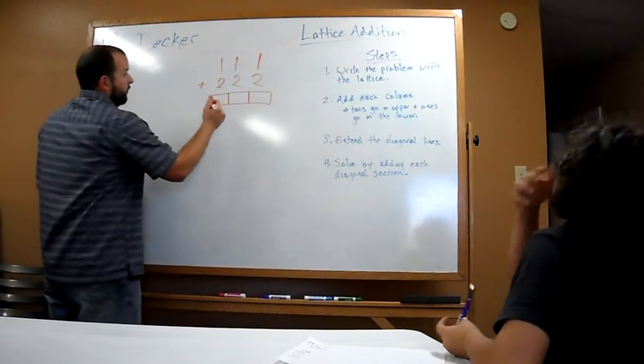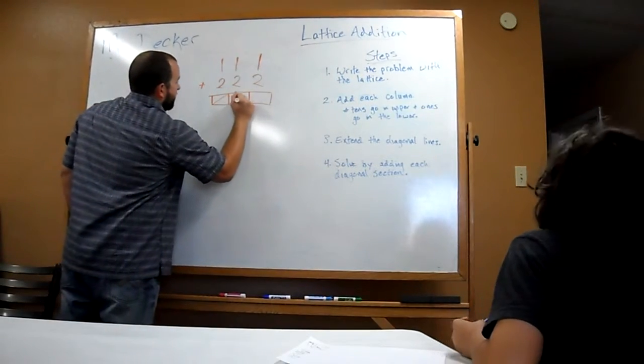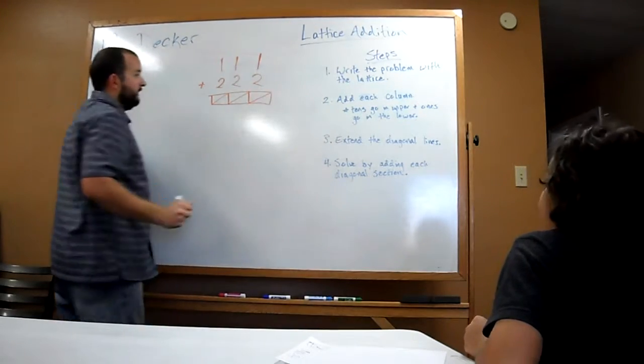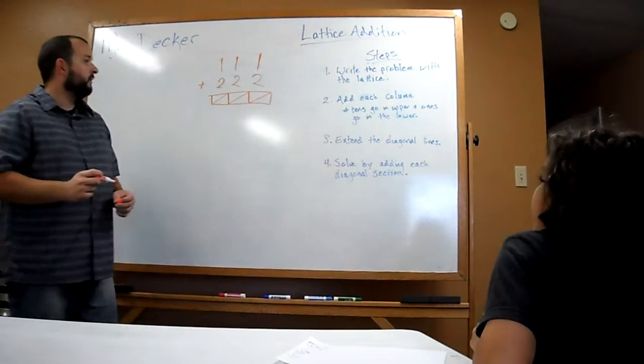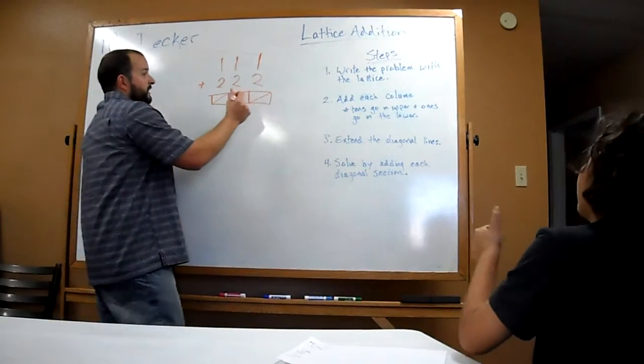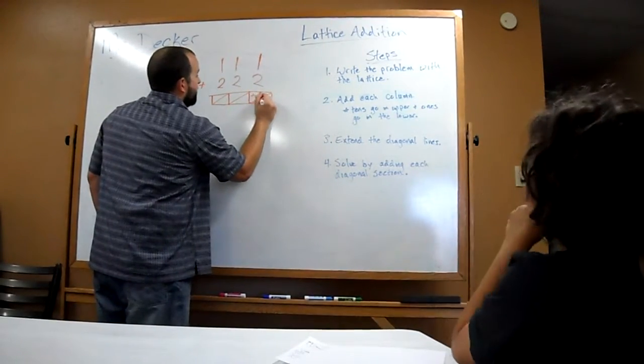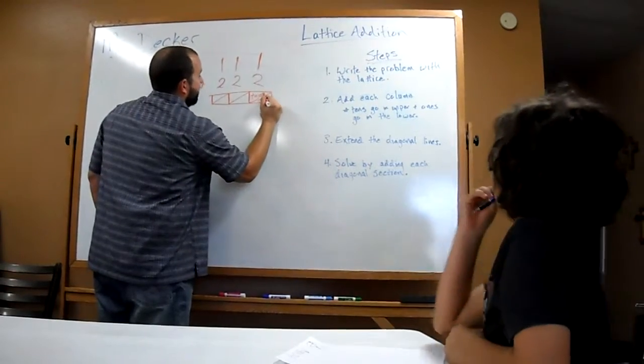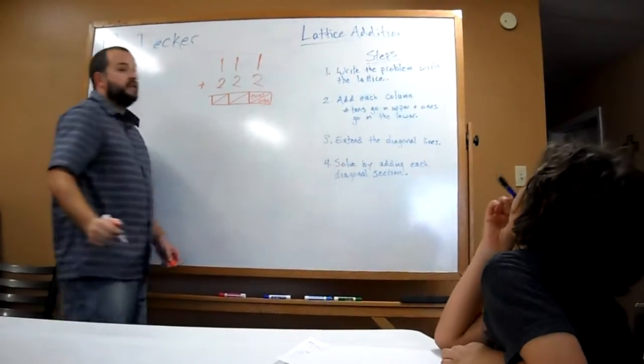And then when we have our square, we're going to draw a diagonal line through each one. So this is what our lattice is going to look like. And then when we're adding, we're going to put our 10s digits in this one. And then we're going to put our 1s digits in this one.